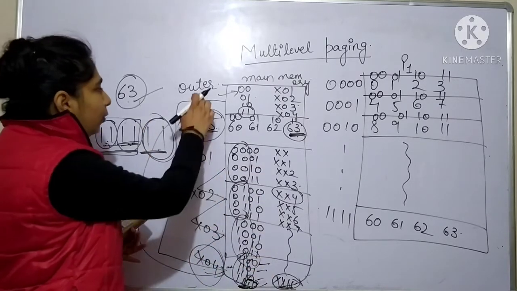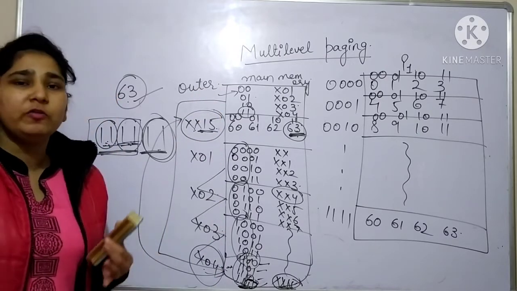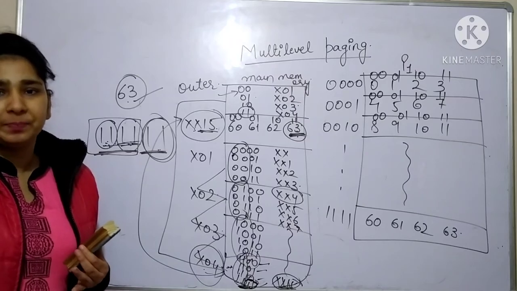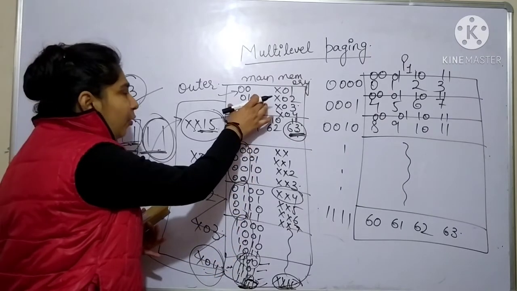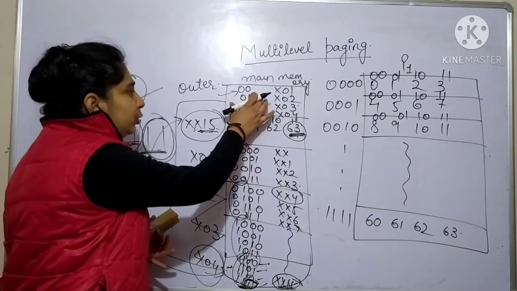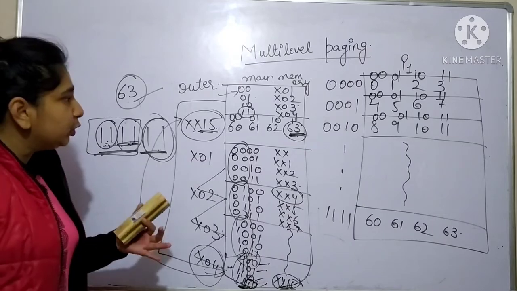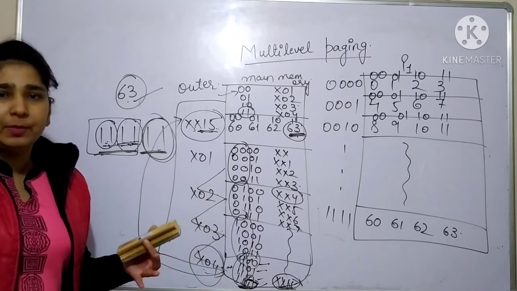So this outer page table is going to help you reduce the total number of main memory accesses. And if this outer page table size is also very big, and it takes 2 to 3 frames of the main memory, what you do? You make one more page table.